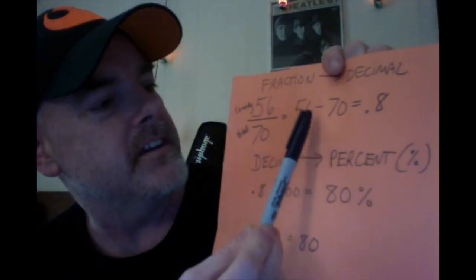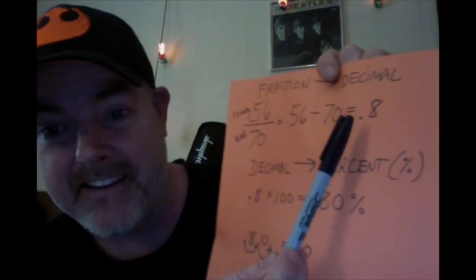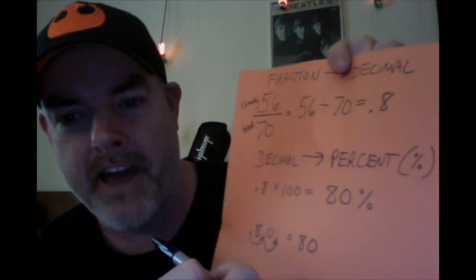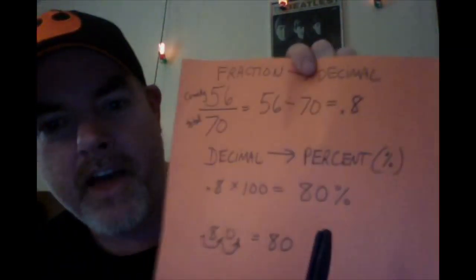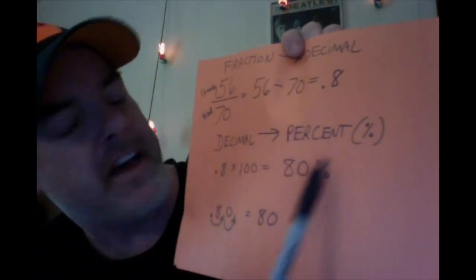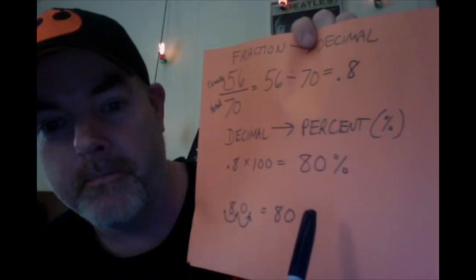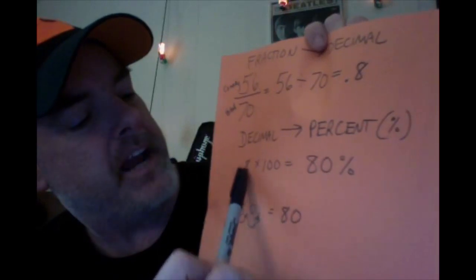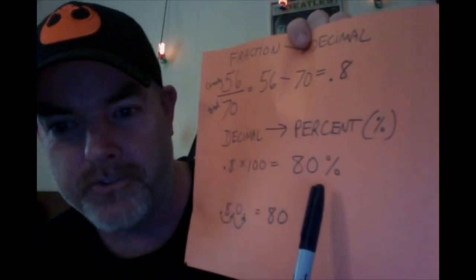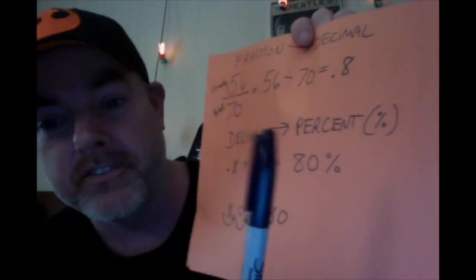So 56 divided by 70 is 0.8 or 8/10. So this is the decimal form of that fraction. So then, to change a decimal into a percent, all you do is multiply by 100. So you take that 0.8, you multiply it by 100, and it comes out to 80% of people surveyed picked comedy as one of their favorite movie genres, which isn't surprising.